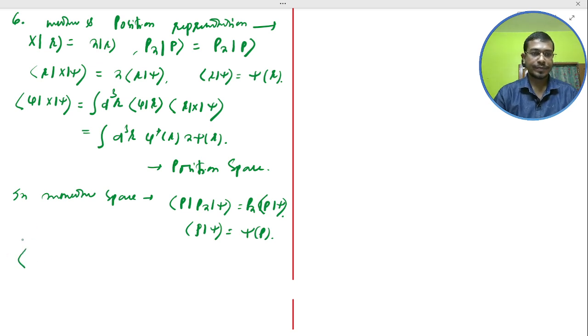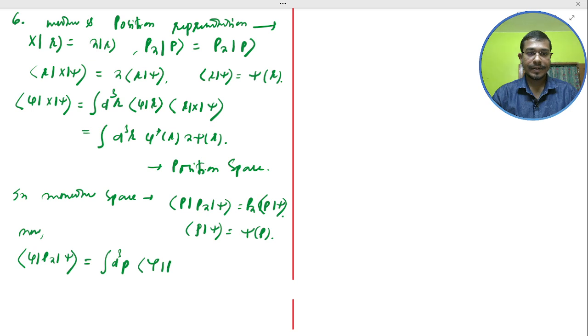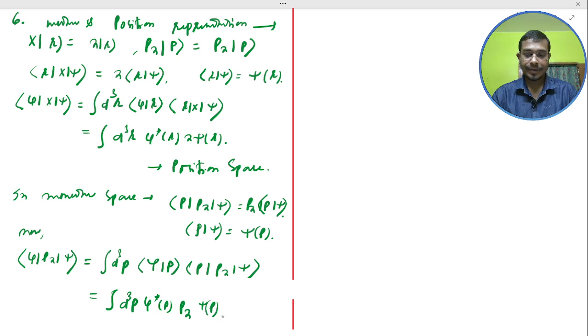So now ⟨φ|px|ψ⟩ is equal to the integral d³p ⟨φ|p⟩ ⟨p|px|ψ⟩. This will become the integral d³p φ*(p) px ψ(p). This is the momentum representation.